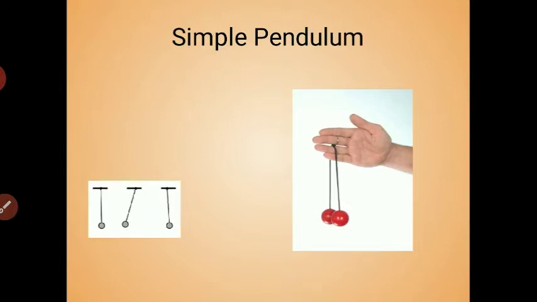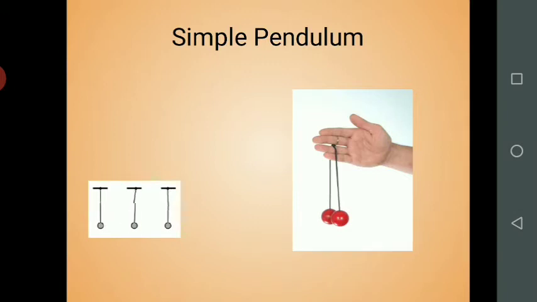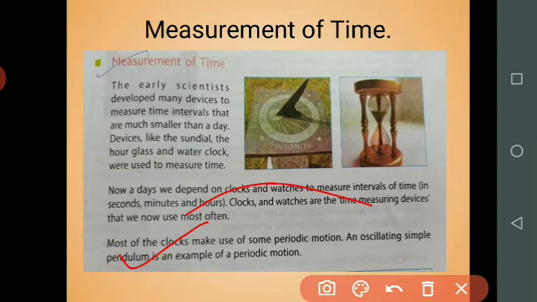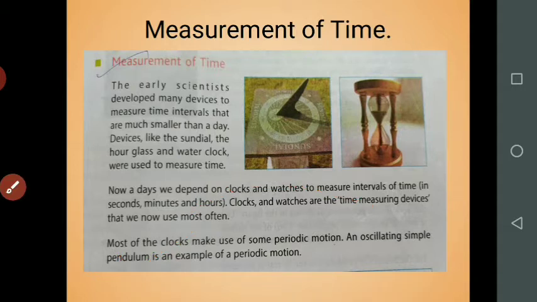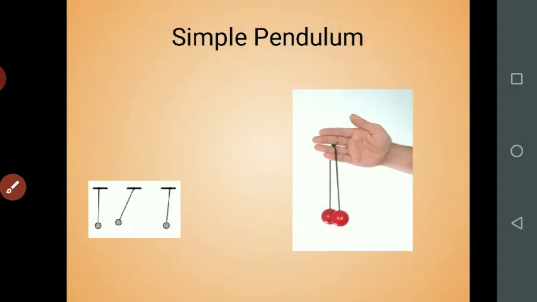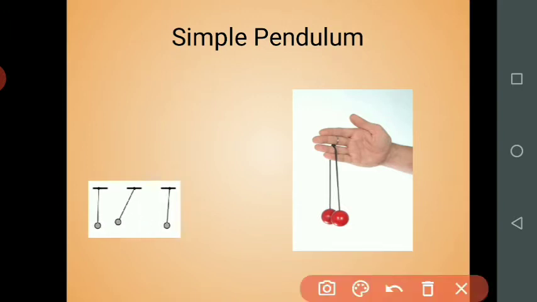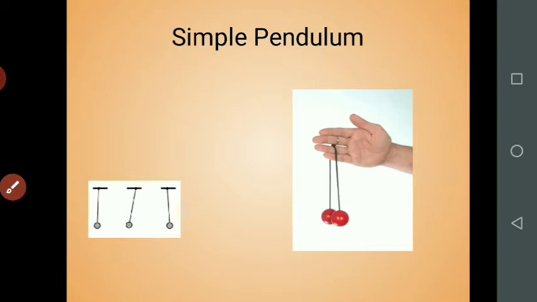Just look at the simple pendulum. This pendulum is moving in the same motion, to and fro. To and fro means in the same direction and at the same interval of time.